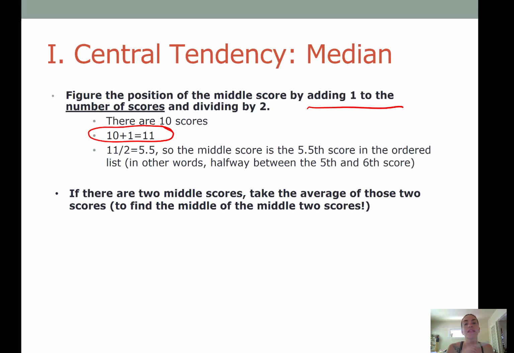So that tells us that the middle score in our list of scores is the 5.5th score in the ordered list. Or in other words, that the middle of our list of numbers is between the 5th score and the 6th score. So if you have a lot of values, a lot of scores, or a very large sample size, then this would be a quick way to find the middle point of your data.